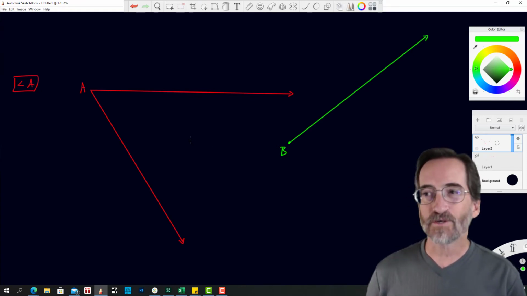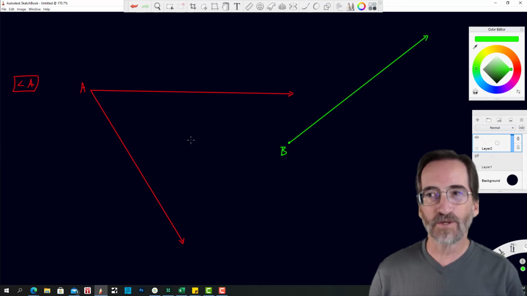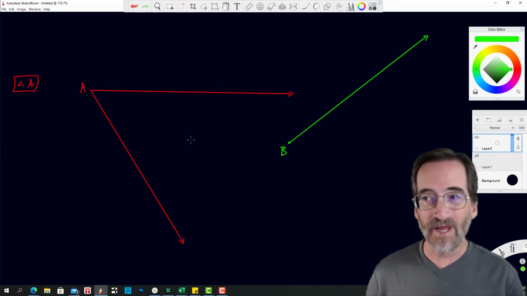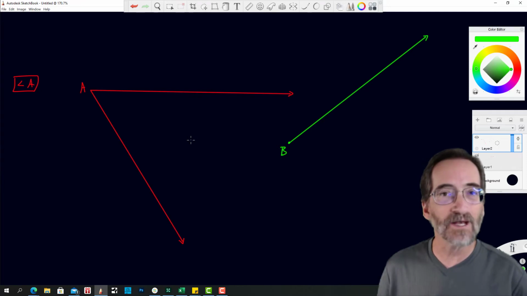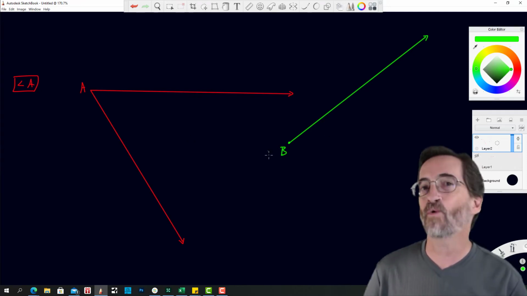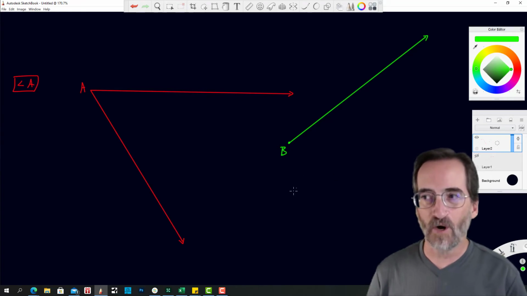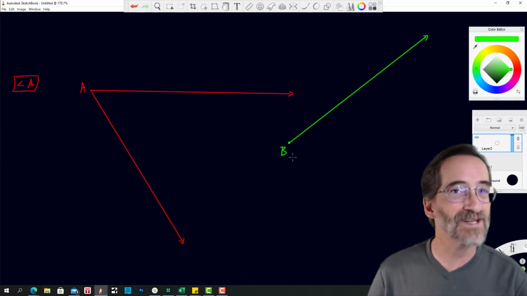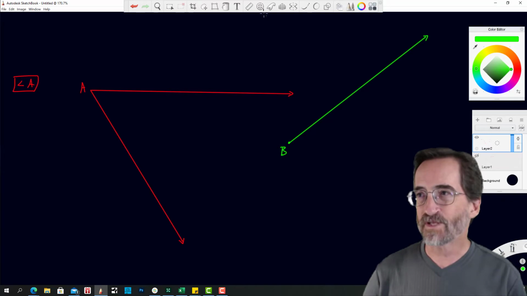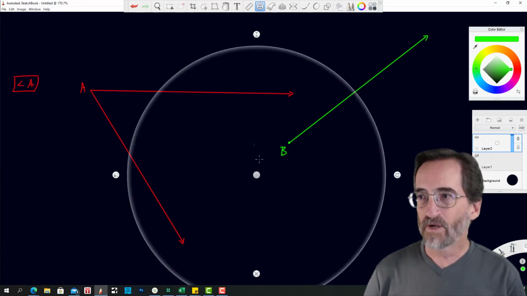Now I want to make sure that the other ray starting from B is headed in the right direction. That's my goal. But in order to do that, I need to determine the point that's on that leg or side of the angle. And here are the steps for doing that. I'm going to take my compass.